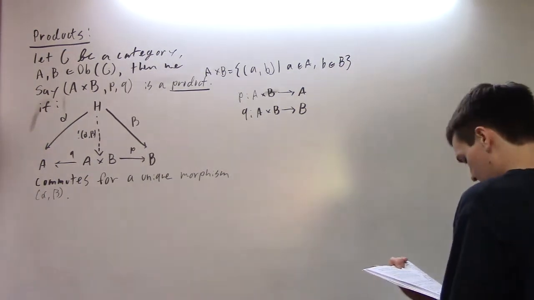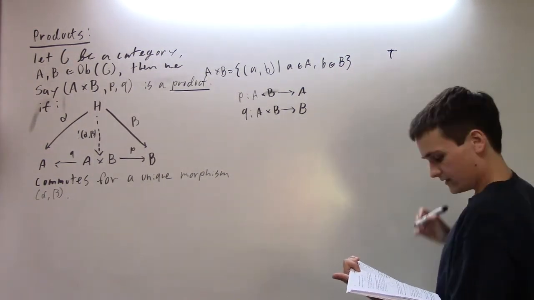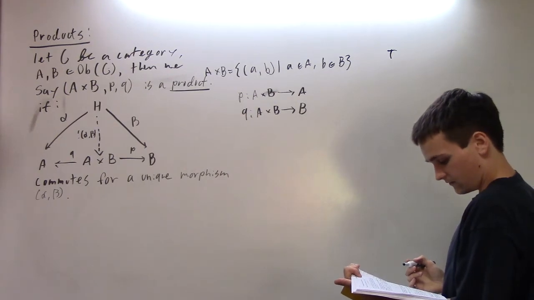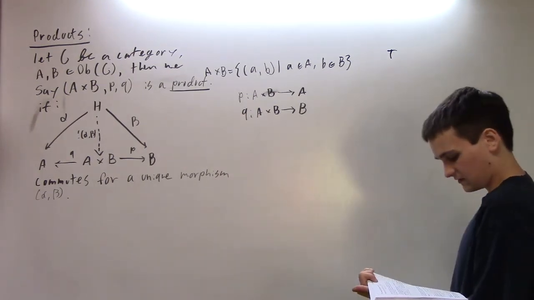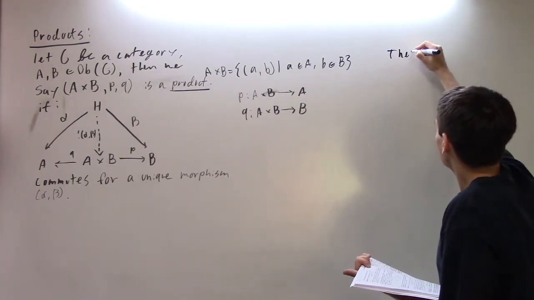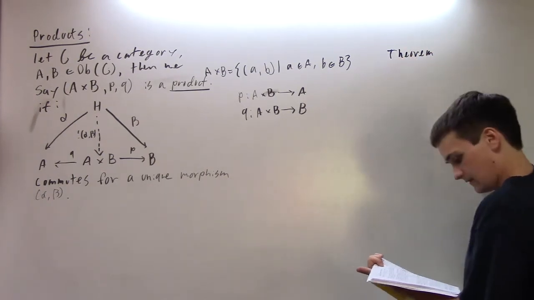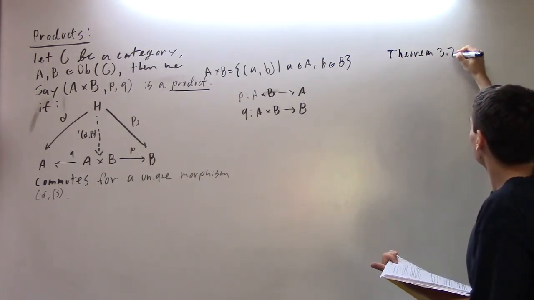So our first theorem today essentially tells us that the π₁ functor behaves well with respect to these products. So this is theorem 3.7.